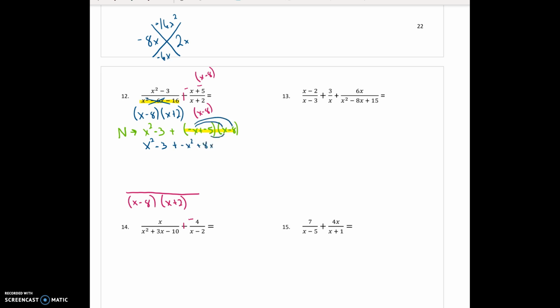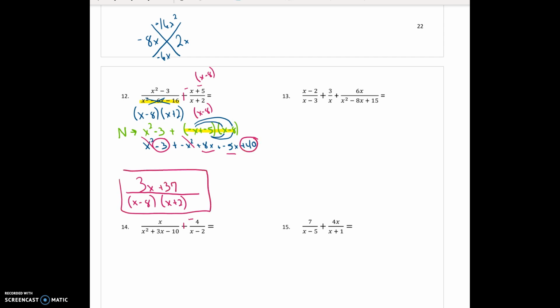And then this negative 5 is going to go meet the neighbors, so I have negative 5x plus 40. Now I just want to combine my like terms. The first thing I notice is that these x squareds will cancel out. As far as the x terms go, when I add those up, I get 3x. And when I add the constant numbers, I get 37. So there's problem 2 done.